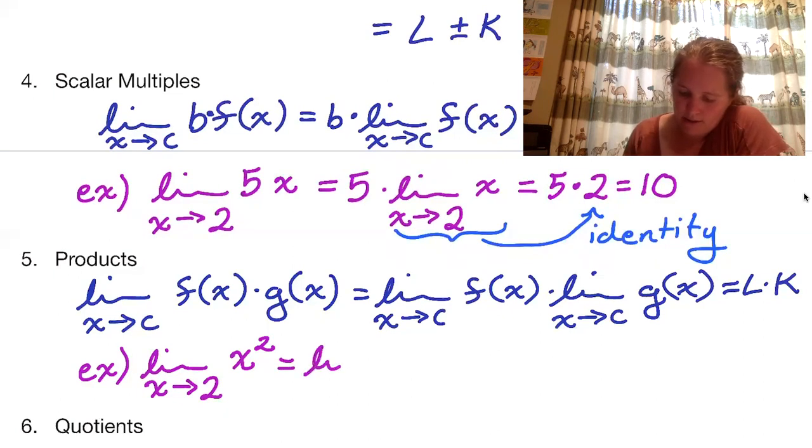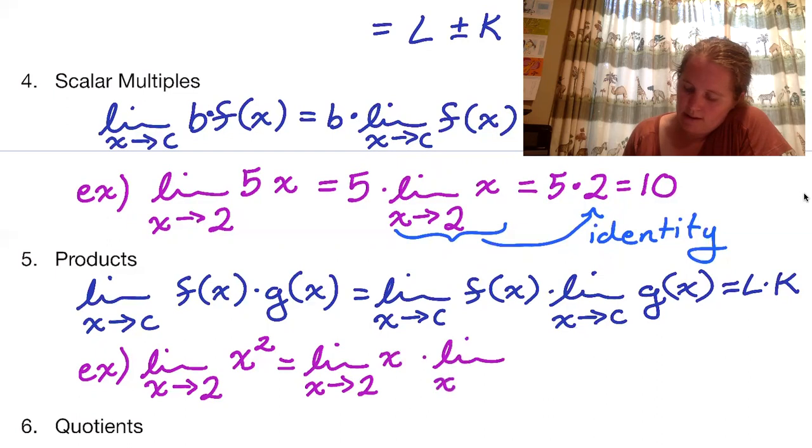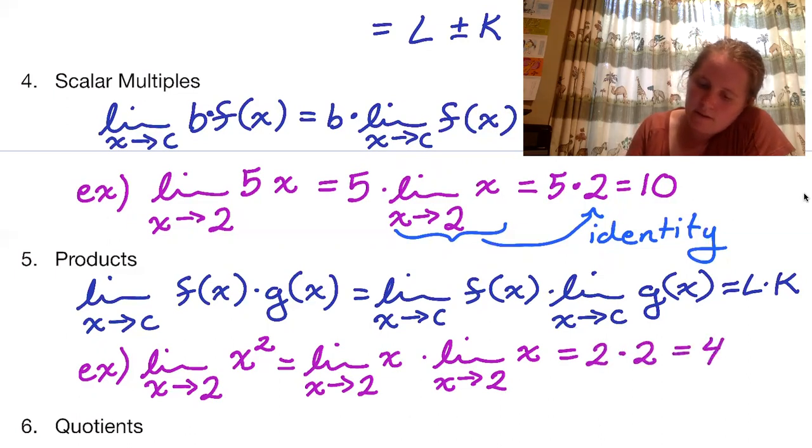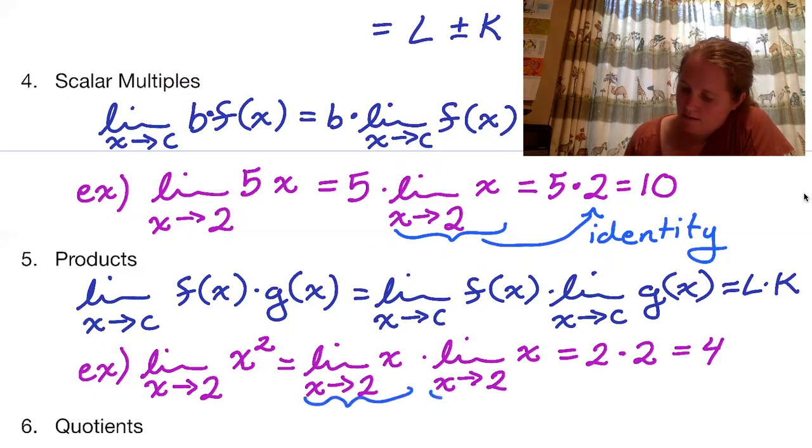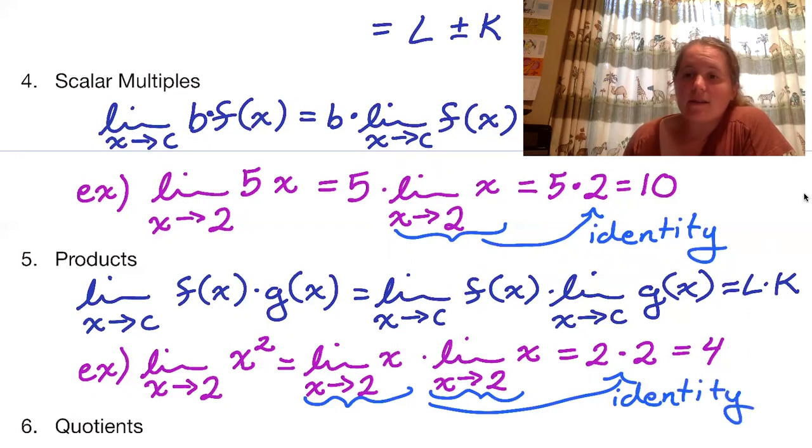So we can split this as the limit as x goes to 2 of x times the limit as x goes to 2 of x. And that just becomes 2 times 2, or 4. So again, we are using the identity to make this step.